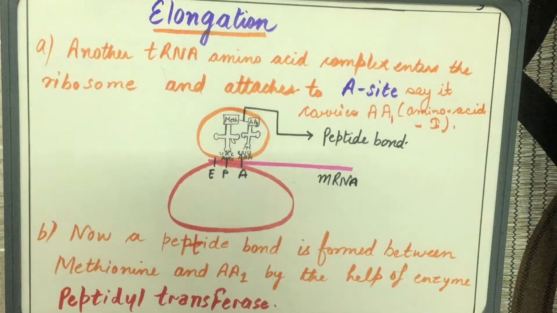So now we have two tRNAs, one bound to the P site and another bound to the A site. Between these amino acids, that is methionine and amino acid 1, a peptide bond would be formed. This bond is formed with the help of the enzyme peptidyl transferase.